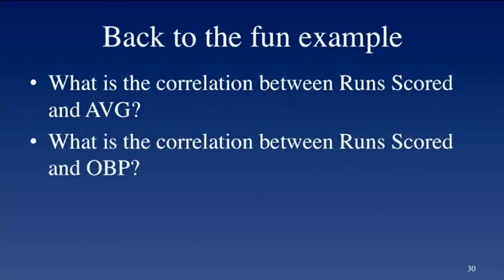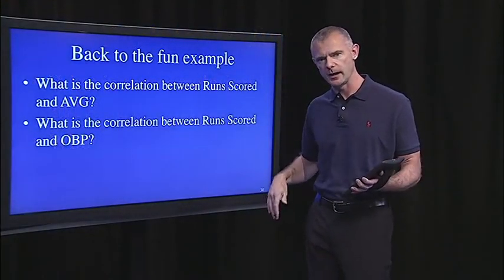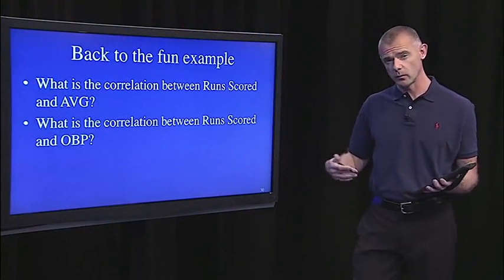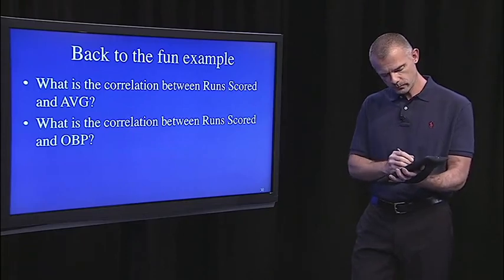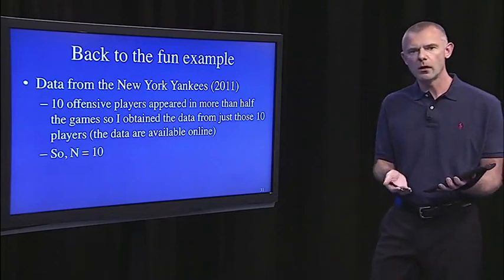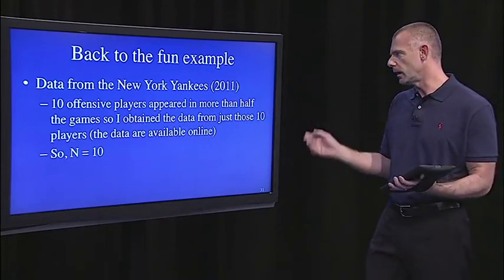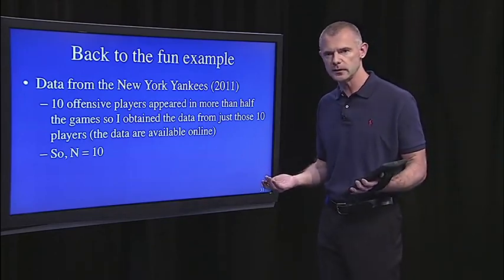So we can answer the question by looking at what is the correlation between runs scored and batting average, and what's the correlation between runs scored and on-base percentage. So I did that just taking a small sample of data. I took all the information from the New York Yankees 2011 season.